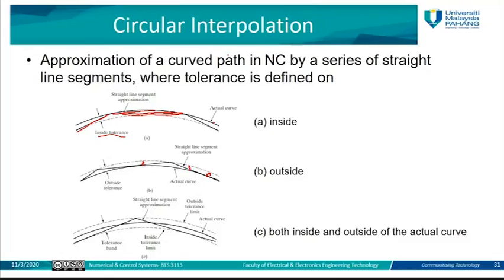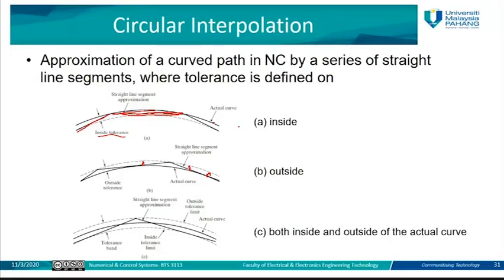Actually, these tolerance values are very small, but here it is just to show that usually the path which is generated by the interpolator is not exactly the same as the original path required to perform the task. There is some difference, and this difference we call the tolerance.